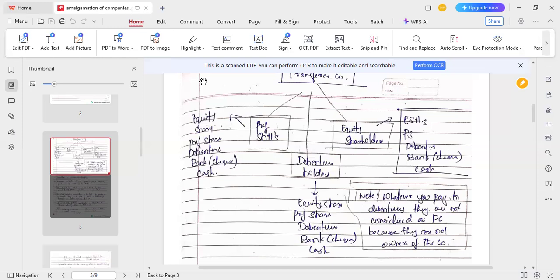It can be given in equity shares, preference shares, debentures, bank cheque, or cash to equity shareholders, or vice versa to both preference shareholders and debenture holders. So this is the case where most of you go wrong, right? This conceptual clarity is very, very important.